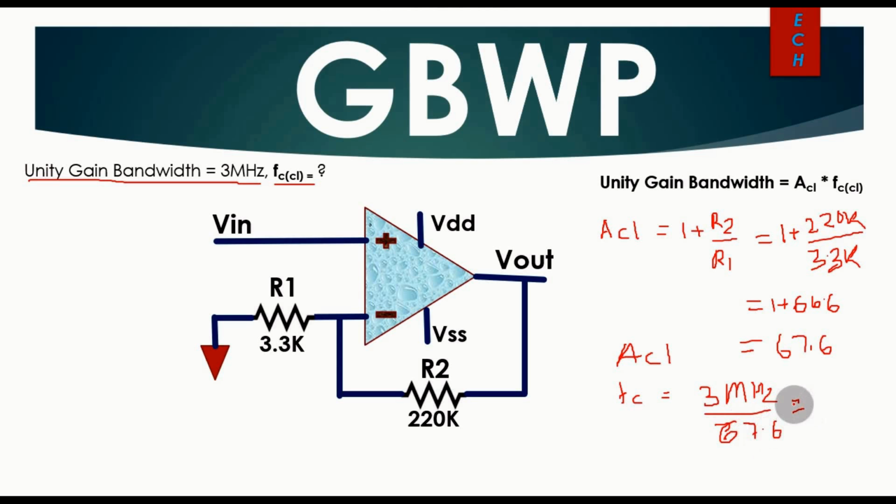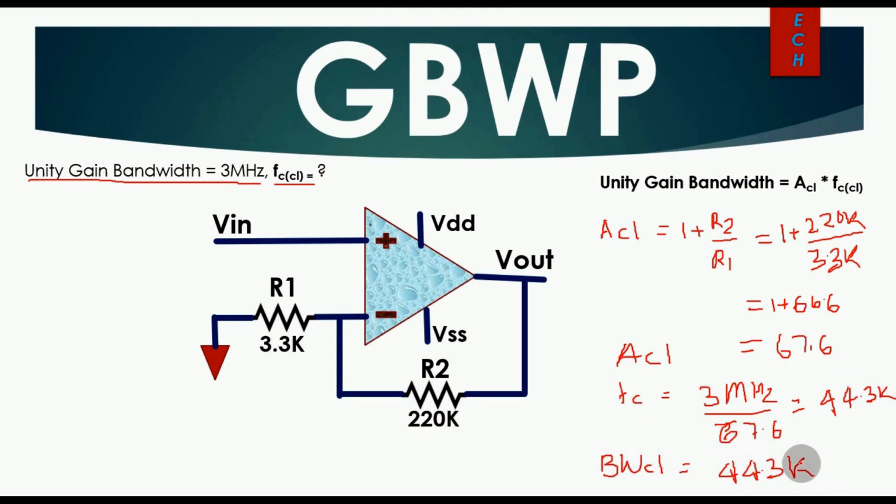If you solve this, 3 megahertz divided by 67.6, you get 44.3 kilohertz. So you can see your closed loop frequency for this circuit is 44.3 kilohertz, or the closed loop bandwidth is 44.3 kHz.